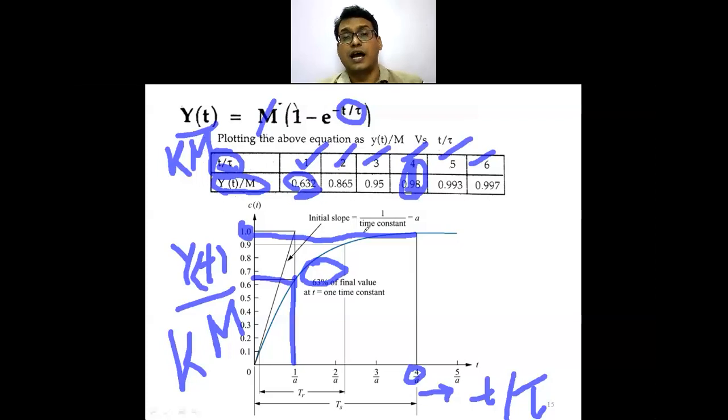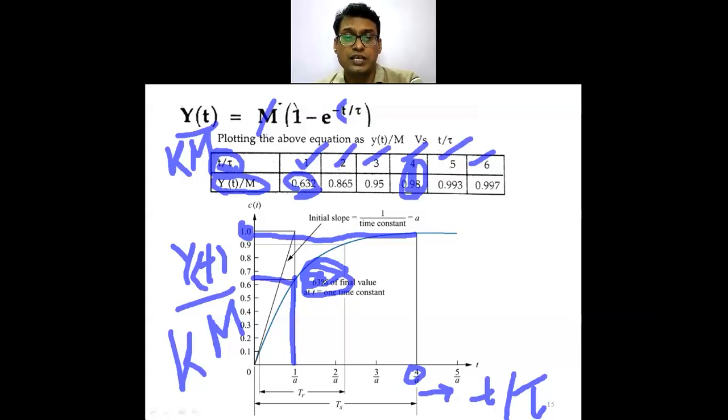Now this graph can be discussed again with respect to these points. One is that for one time constant, it attains a value of 0.632.